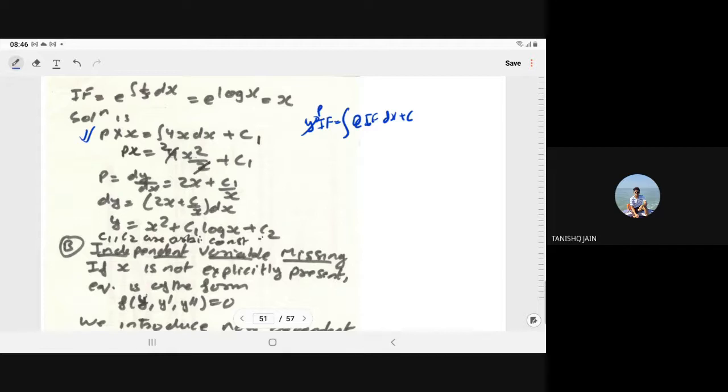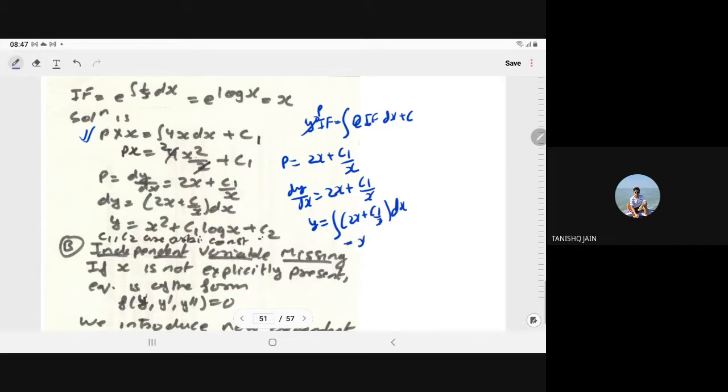So this will give you p is equal to 2x plus c1 upon x, and p is dy by dx. So dy by dx will be 2x plus c1 upon x. So y is the integral of 2x plus c1 upon x into dx. Simple, you can separate the variables.